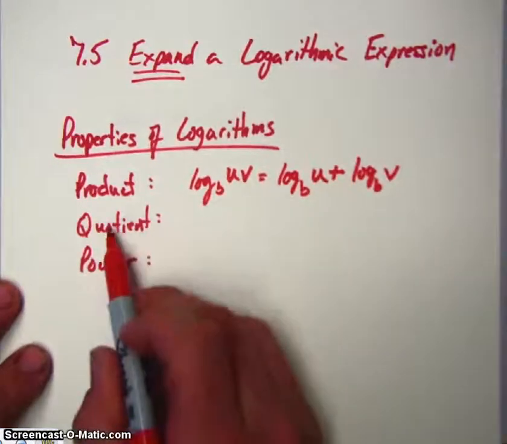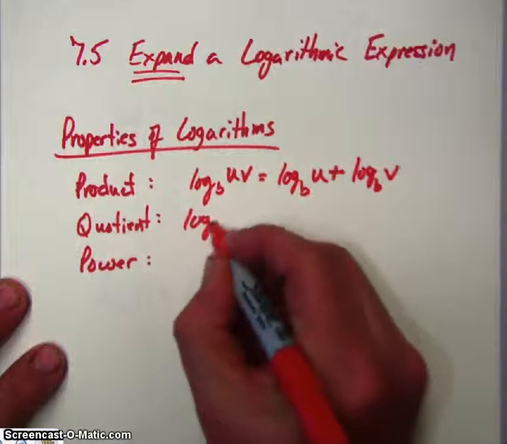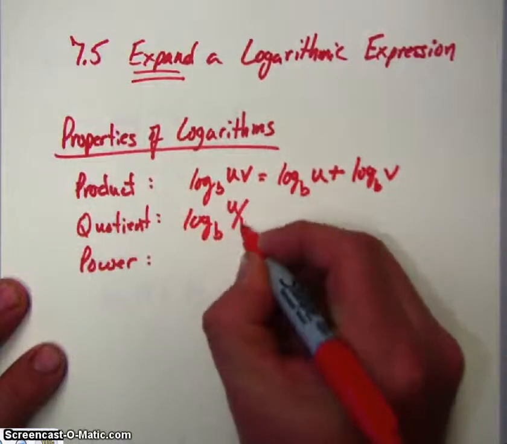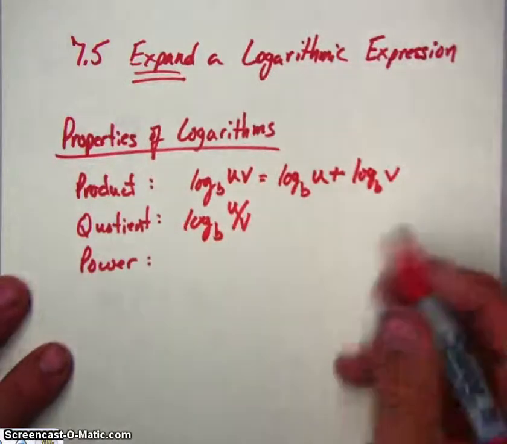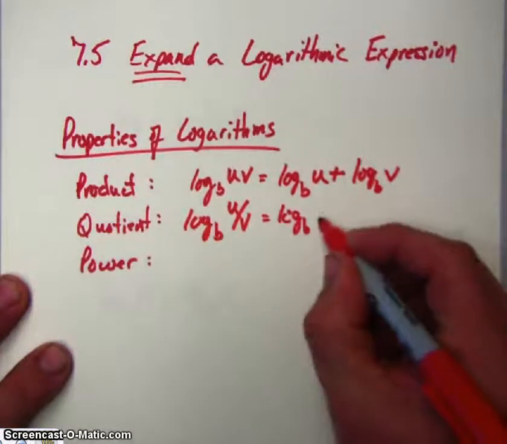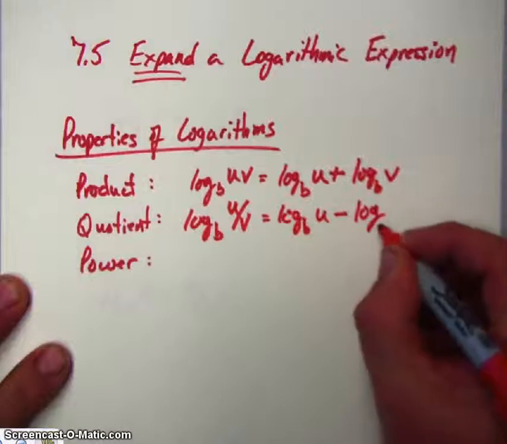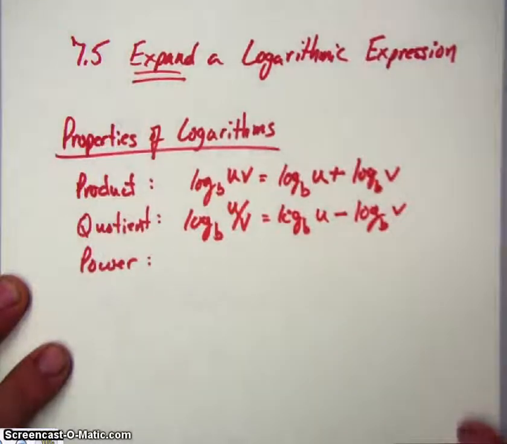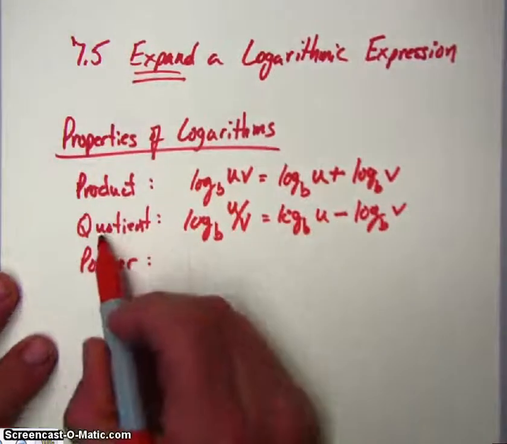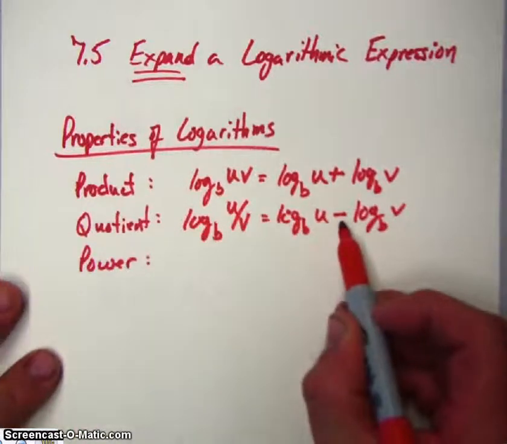So quotient, if you follow along with the pattern, you'll say log of base b of u divided by v would be the same as log of the same base of u minus log of base b of v. So quotient or division means subtraction. So when you expand it, it becomes subtraction.